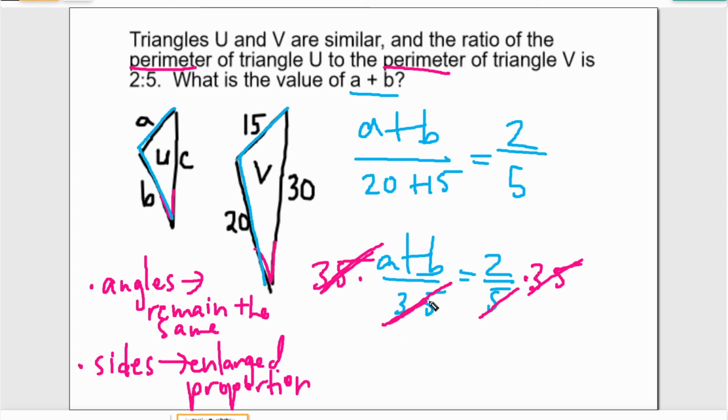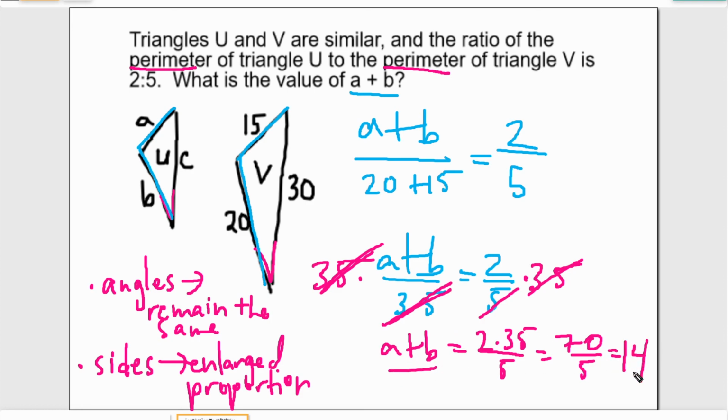These 35s cancel. Oh, whoops. I didn't mean to cross this out. What happens here? Well, A plus B will equal 2 times 35 divided by 5, which is 70 divided by 5, which is actually 14. So A plus B would equal 14.